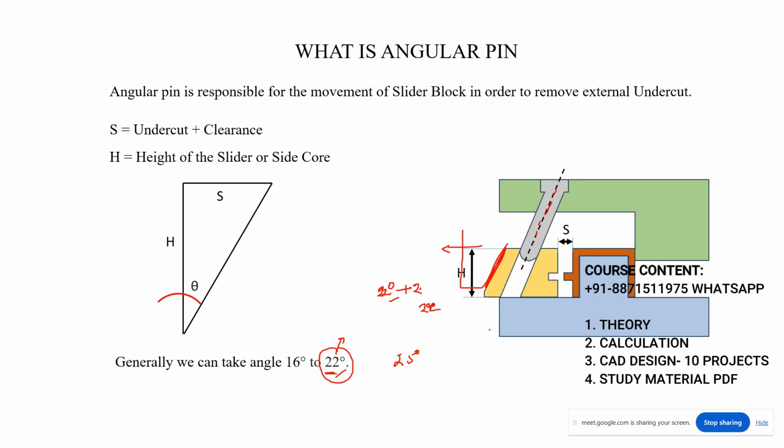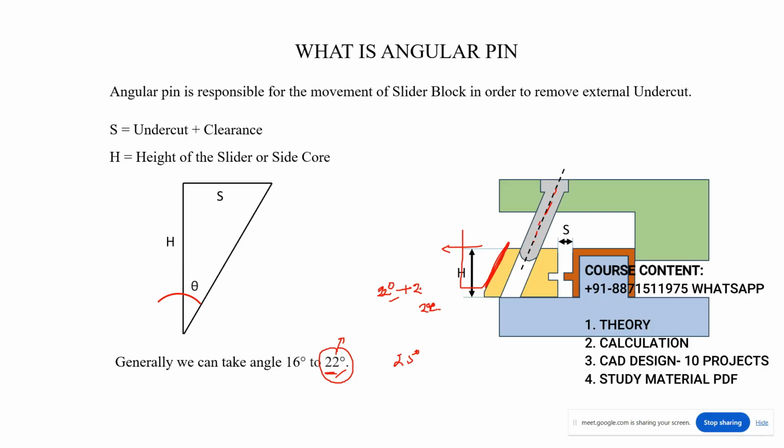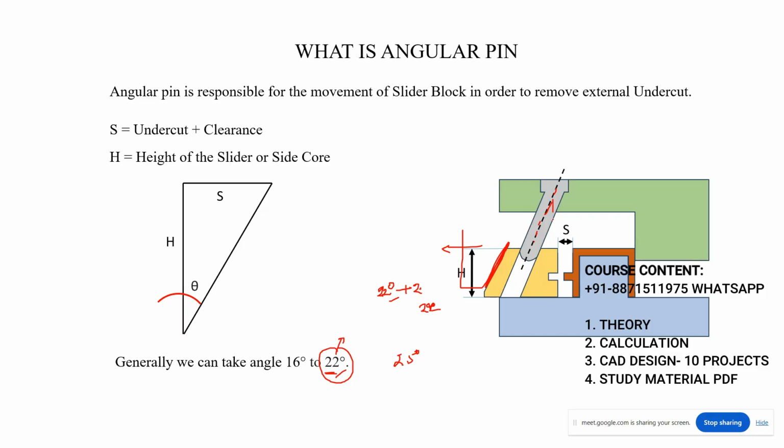Is it clear? Why? What is the reason for this? The angle of the heel block will always be greater than the cam angle. For example, if this angle is 18 degree, then this wedge or heel block angle will be 20 degree. Understood or not? But why?